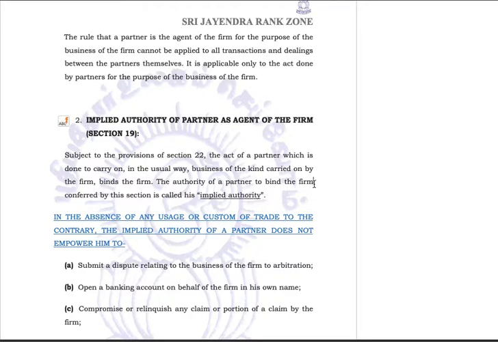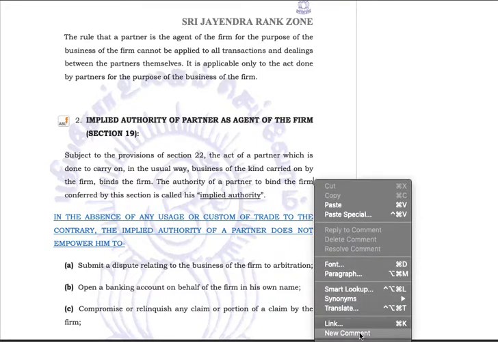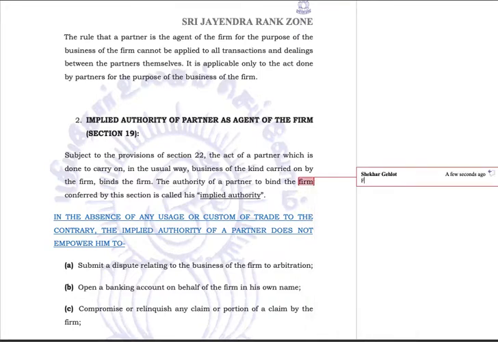Now, this is something else. Firm is in sugar business. Partner is also having his own separate sugar business.